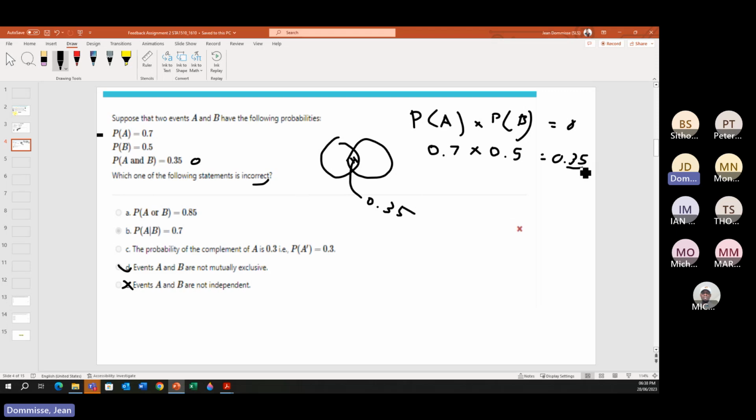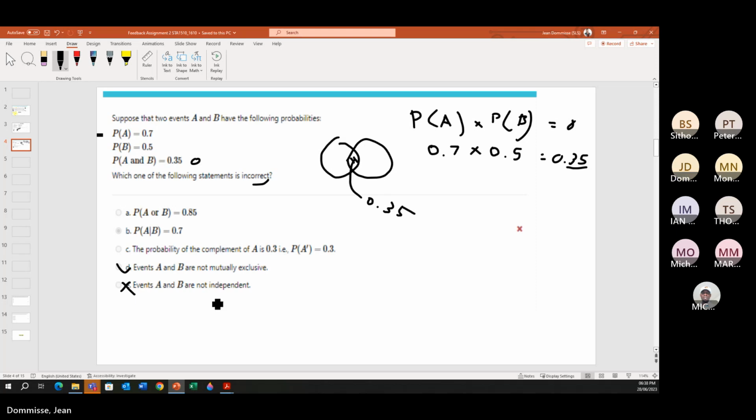Okay, we know it is independent. Let me just read it right, so it doesn't confuse me now. Events A and B not independent, that one is the incorrect one, because for independence, we've seen that it is actually equal to 0.35.